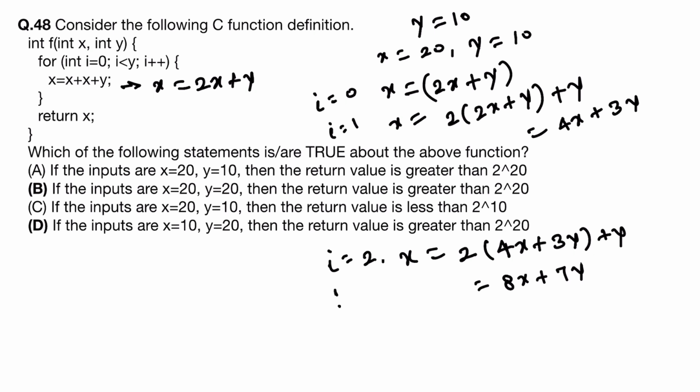In the same way, see, this is 2 to the power 3 x plus 2 to the power 3 minus 1 y. Okay, so how many times will this loop go? Till 10 times.